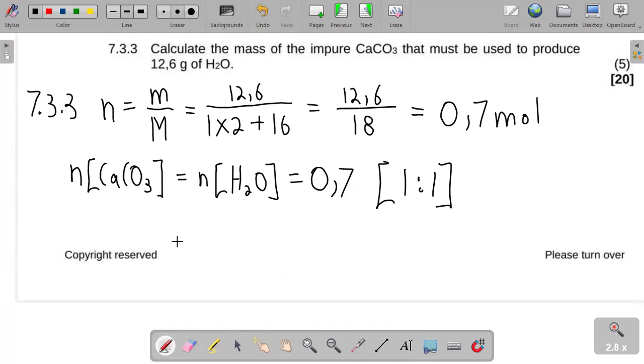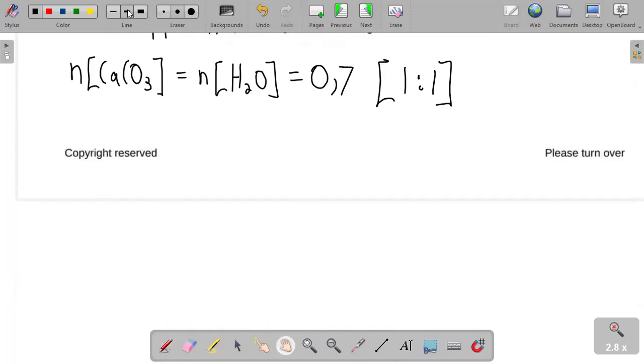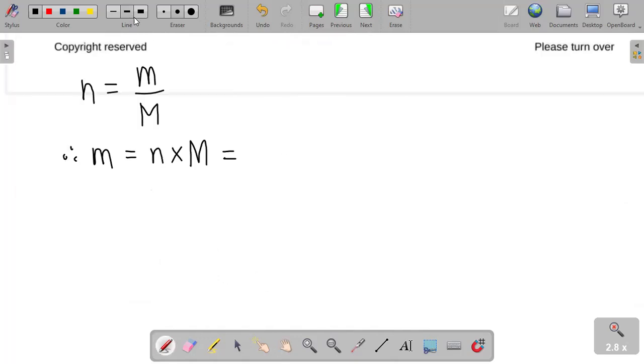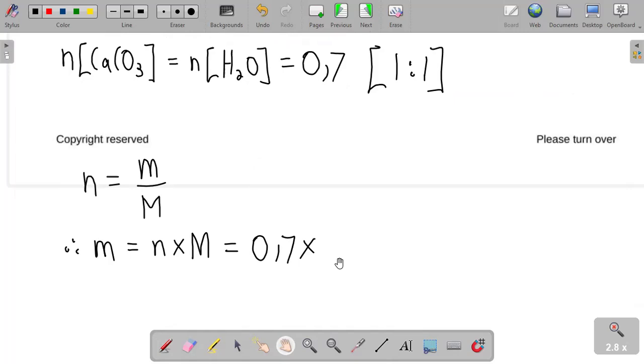Then we can find the mass for that. We say N equals M over M, and this time we use calcium carbonate, so we use 40 plus 12 plus the rest.